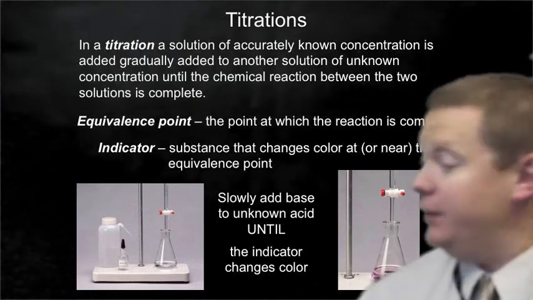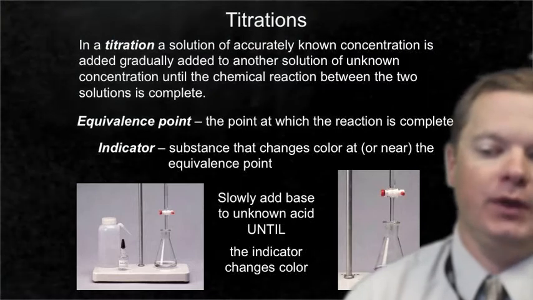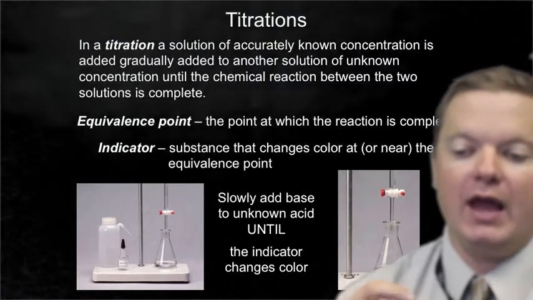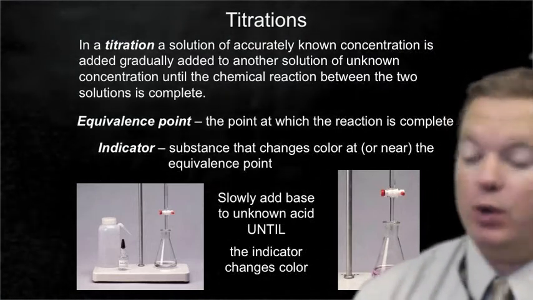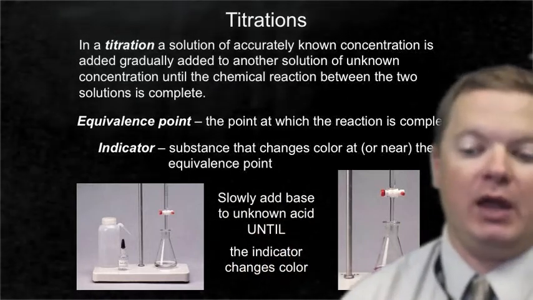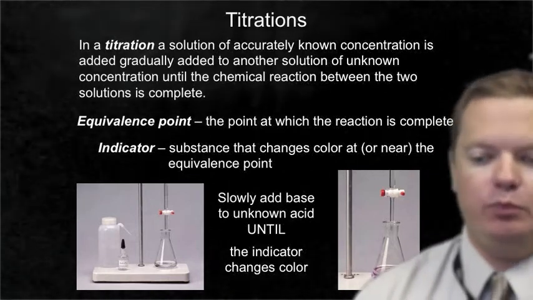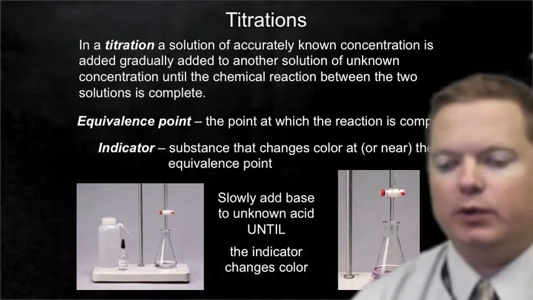And in the flask, we're going to put this HCl solution we don't know. And we slowly add that. Once we get to the equivalence point, as you can see, this solution changes color. It comes to a light pink color because the indicator has changed its form, because we're now at the equivalence point.